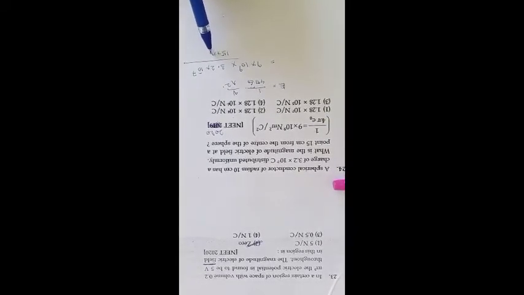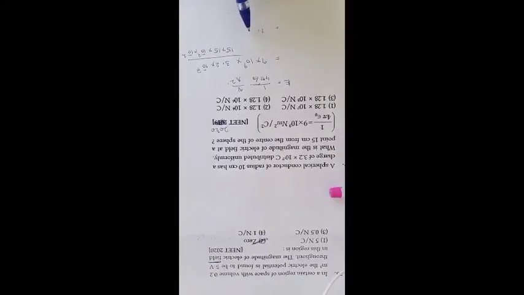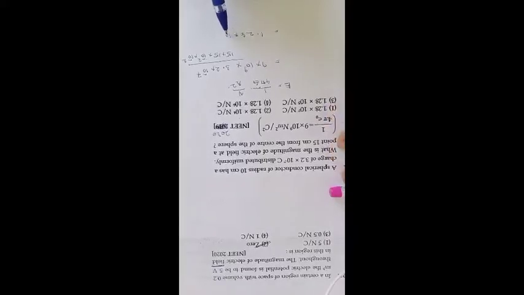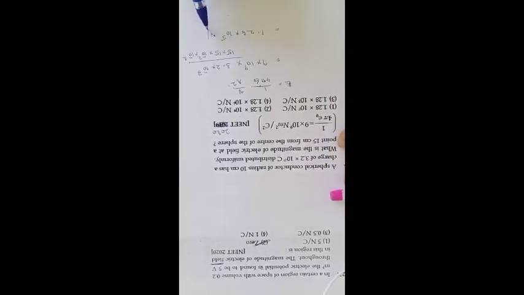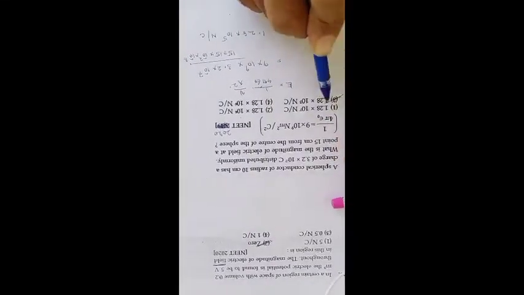The r value is 15 centimeter, right? So 15 into 10 power minus 2, into 15 into 10 power minus 2, r square. Calculate this value. Finally we will get this value as 1.28 into 10 power 5 Newton per Coulomb.